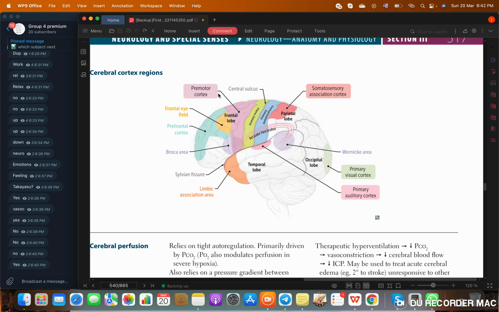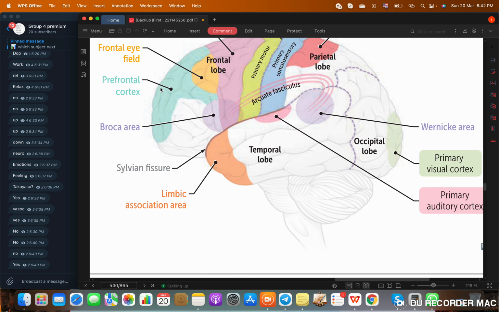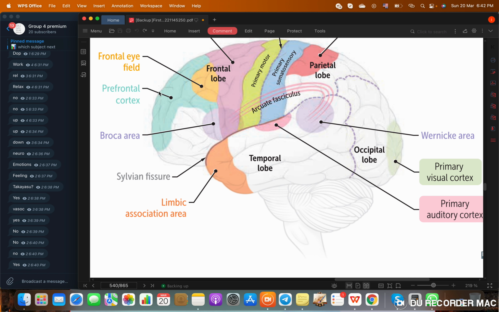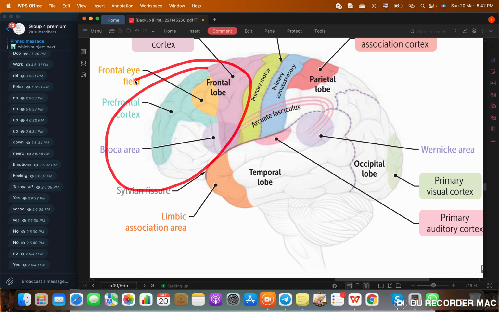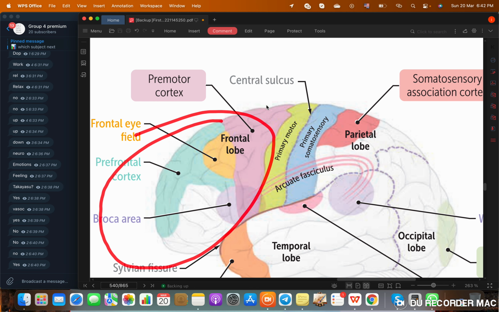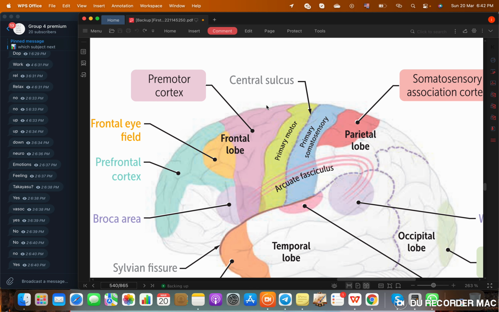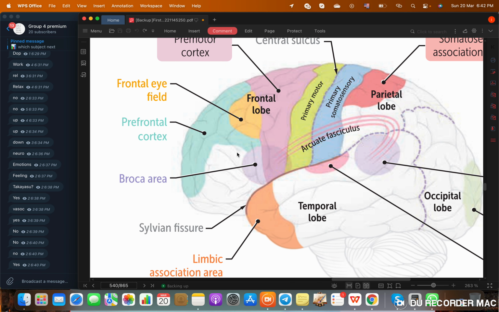Well, if you take a look at this brain, the frontal lobe does contain the premotor cortex, the frontal eye field, the prefrontal cortex and the Broca area. That's correct. This is just medical fact. However, there is one more thing that it contains, which is the behavior of the human being.